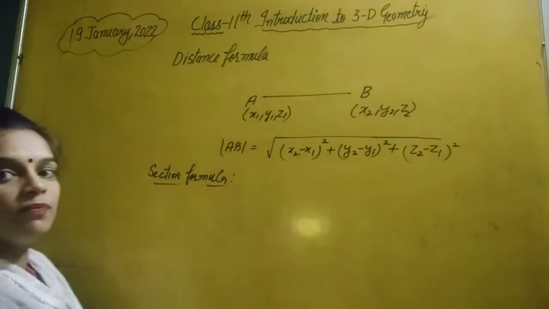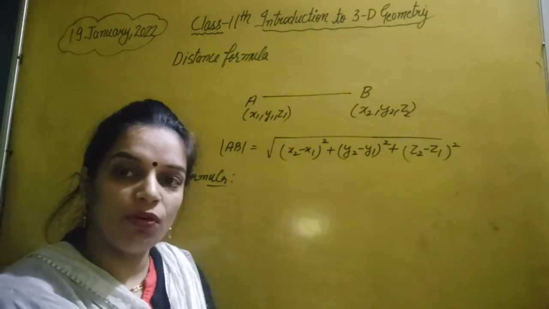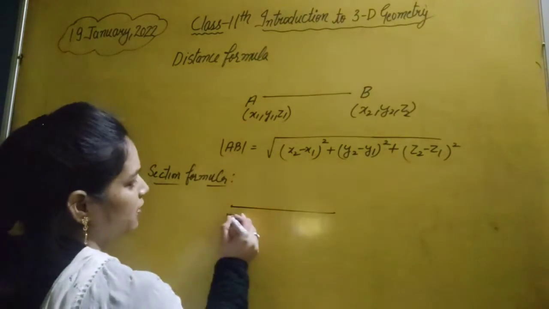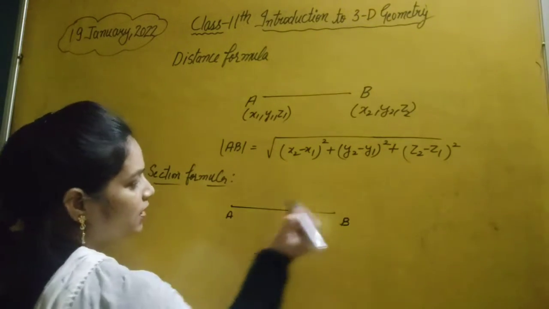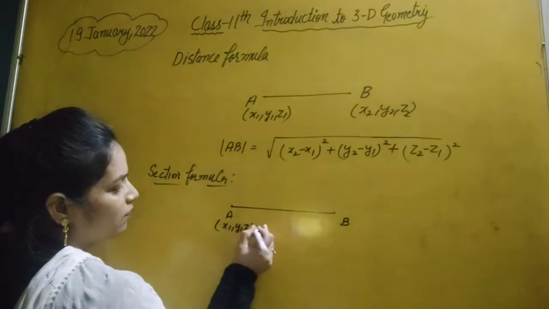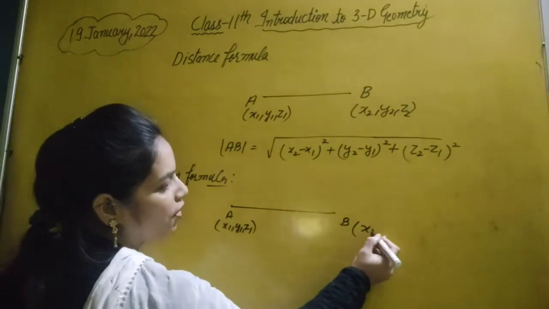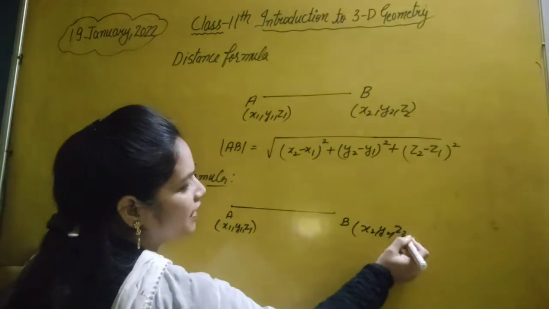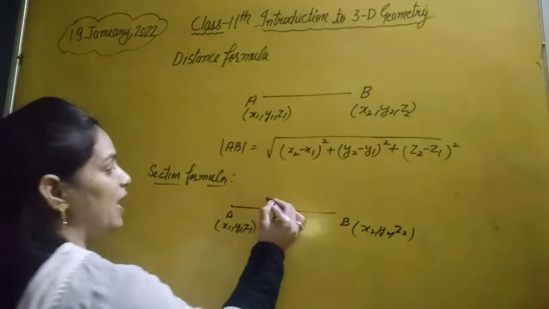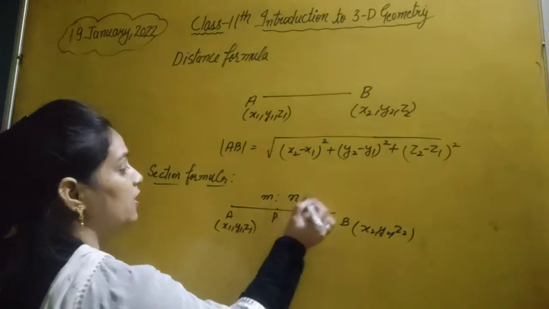In the section formula we can find the coordinates of a point dividing the line segment joining A and B. The point A has coordinates x1, y1 and z1, and point B has coordinates x2, y2 and z2. There is a point P which is dividing AB in the ratio m:n internally.